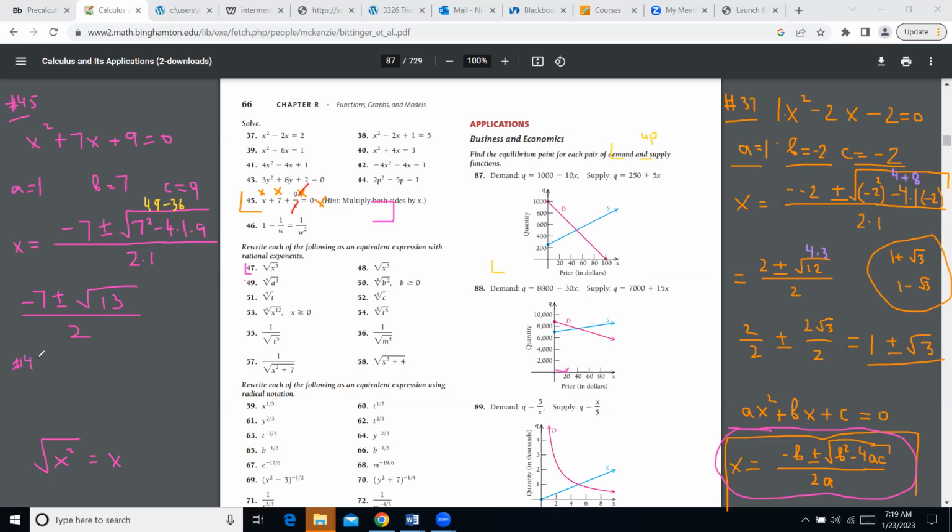So exercise 47. You can write this with a fraction or ratio. So it'll be power of 1/3. Did you know that? Power of 1/3.